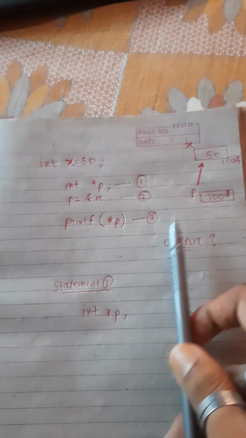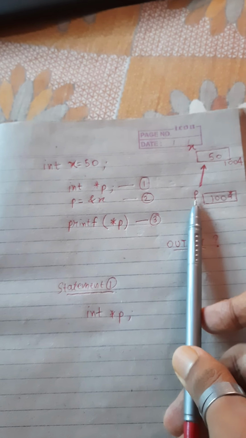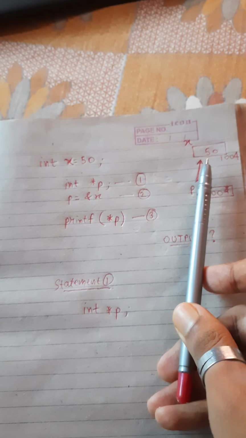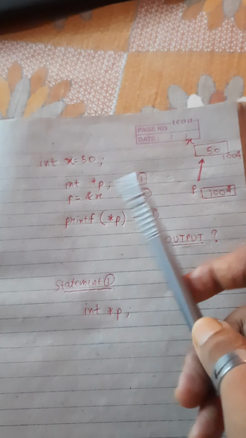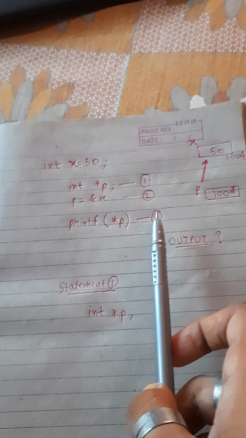You can see the arrow mark: p is pointing to this box. You will get a better understanding of it when I explain statements 2 and 3. For now, pointer means it will point.